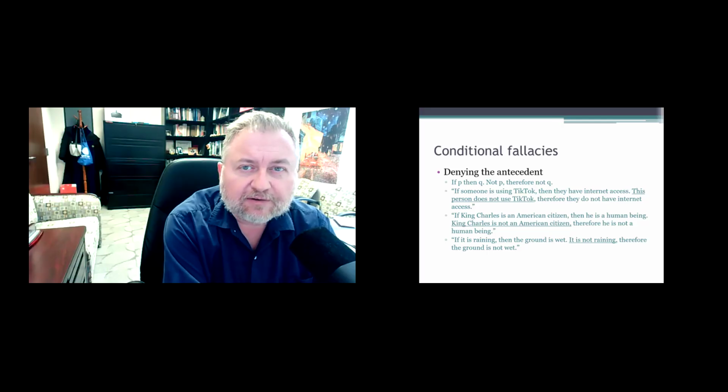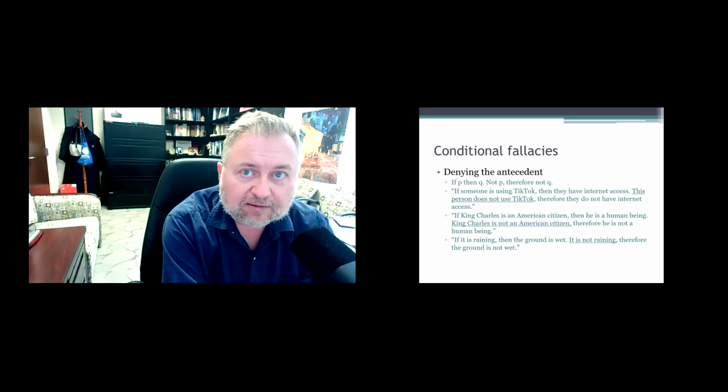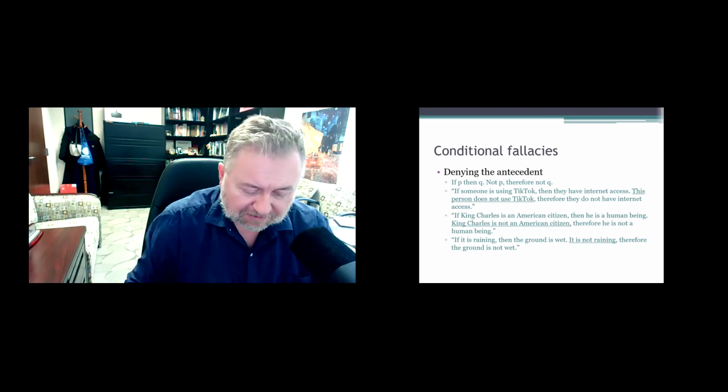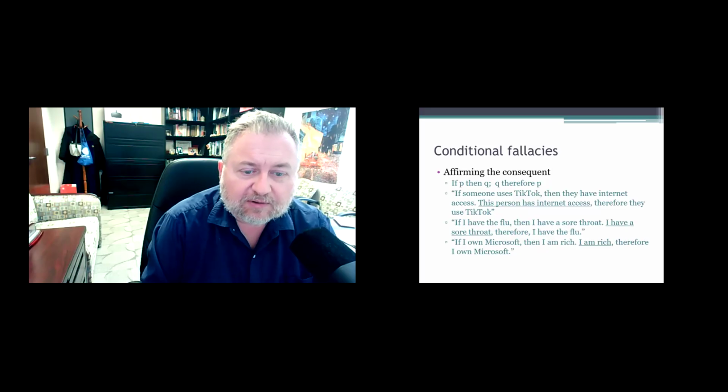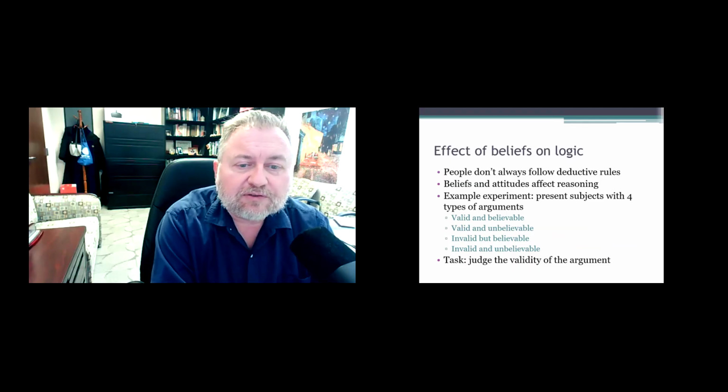But is it necessarily false? No, it very much could be the case that it's not raining and the ground is not wet. So it could be a true statement, but it is simply not a logical statement, assuming it's meant to follow the first statement, right? And so that's where we need to separate the validity of the argument from the truthfulness of the argument. And this is where things get tricky.